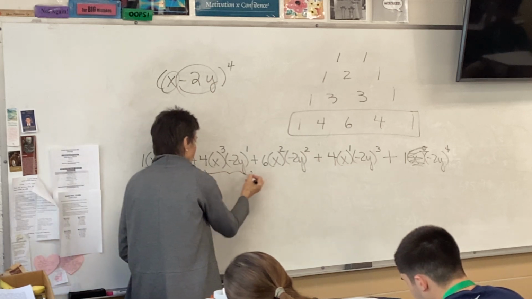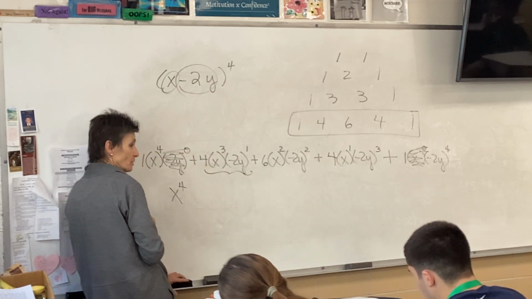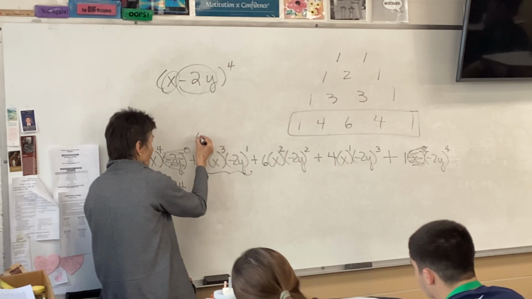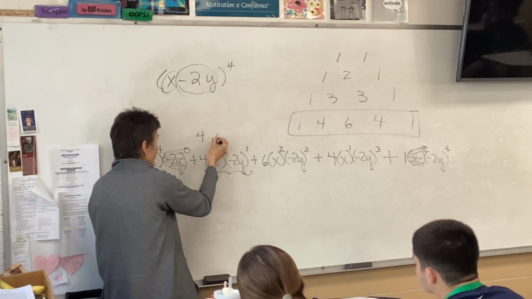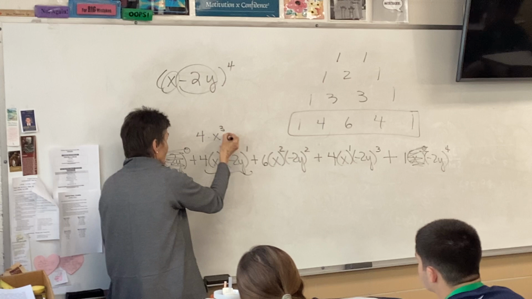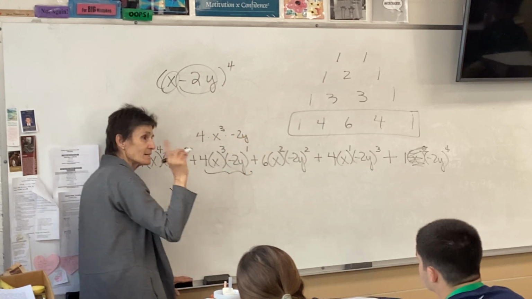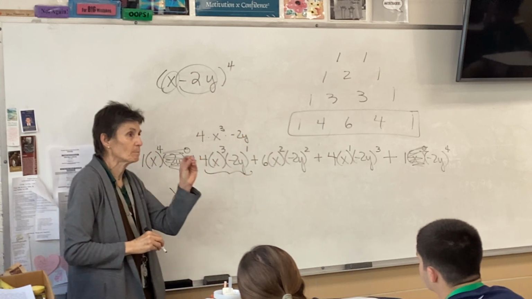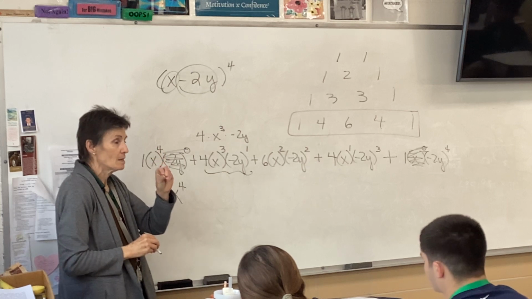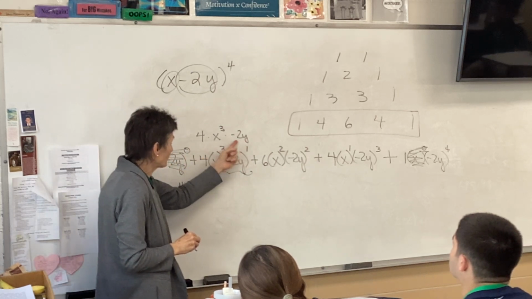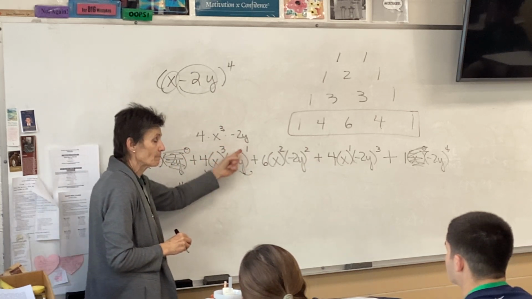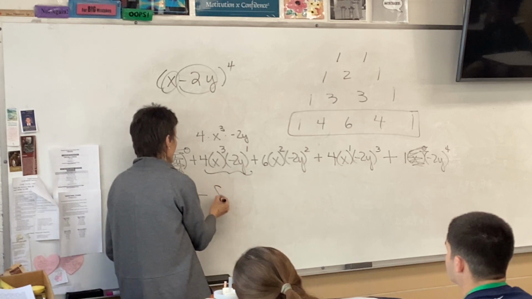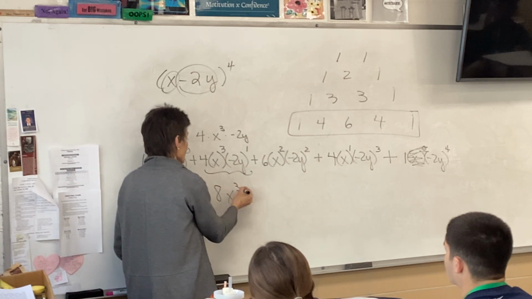But in this term, what is being multiplied? A 4, an x cubed, and a negative 2y. That is not a subtraction, that is a multiplication. We are multiplying. So what do I get when I multiply all those things together? Negative 8 x cubed y.